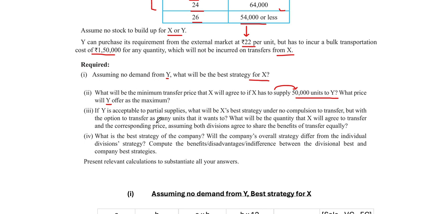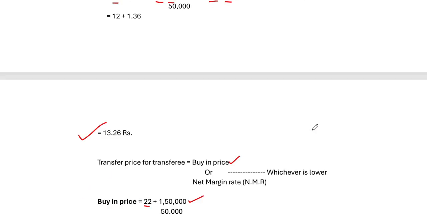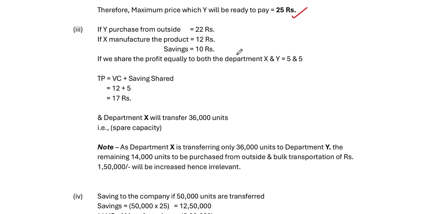What will be the quantity that X will agree to transfer and the corresponding price, assuming both divisions agree to share the benefits of transfer equally? So here we need to calculate the quantity that X agrees to transfer to Y so that they both can distribute the profit equally.